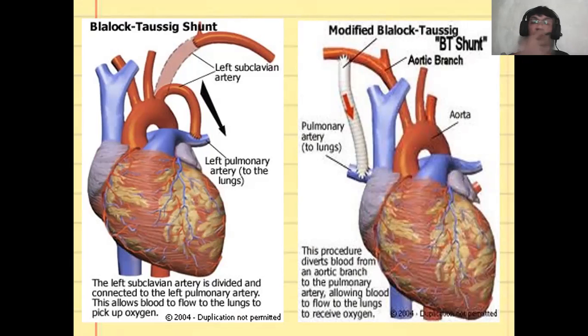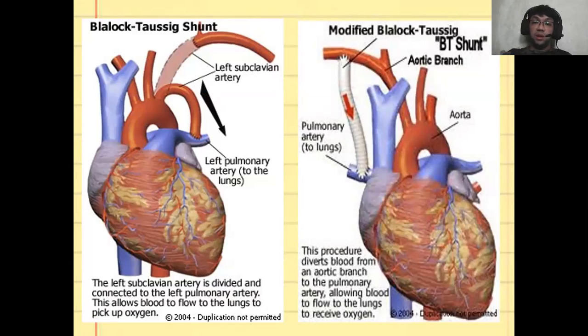So this one is already outdated, the old procedure. This was started at around the 1950s. But the modified one is better because the doctors are not cutting any major arteries from the child.